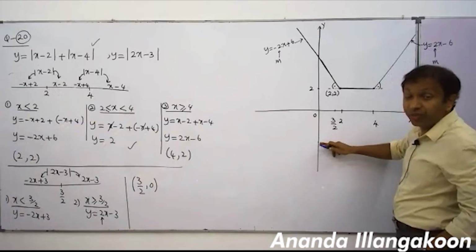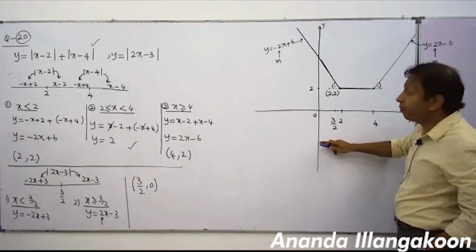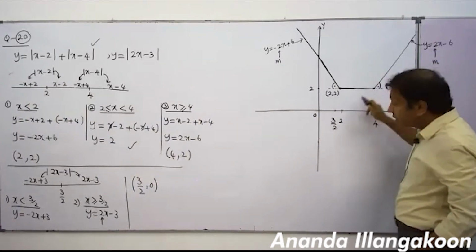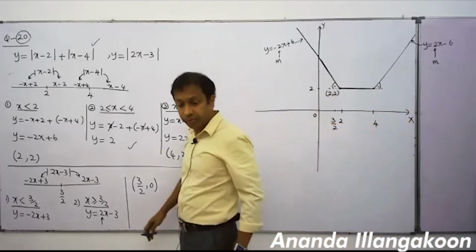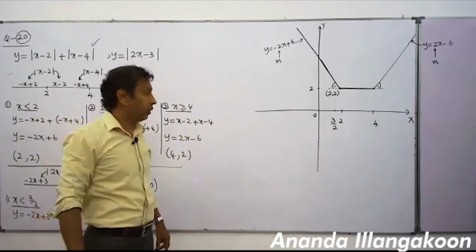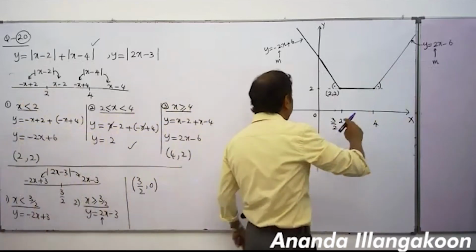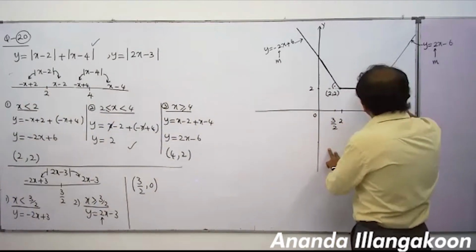On that occasion, if we draw by considering this intercept, the line might not be parallel to this. If so, this line and this line will intersect somewhere. Then the graph is wrong. On that occasion, people, we have to very carefully consider the other facts also. So this line should be parallel to this one.